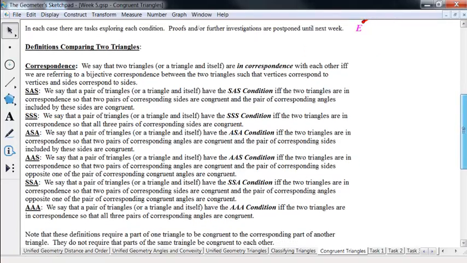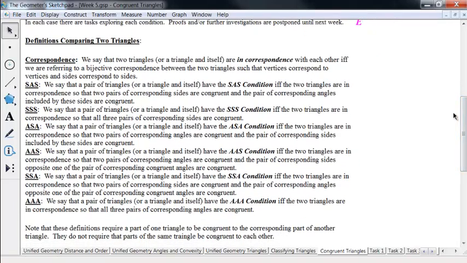So just some terminology here. When we're comparing two triangles, or a triangle to itself, we say they are in correspondence with each other if and only if we're referring to a bijective correspondence, a bijective mapping, between the two triangles such that the vertices correspond to vertices and sides correspond to sides. So that's any kind of correspondence.